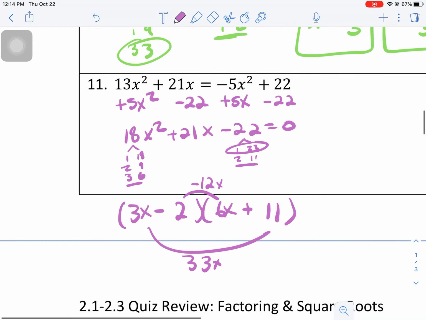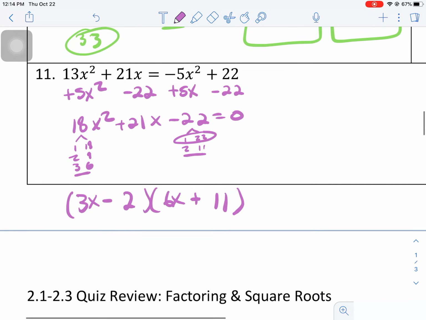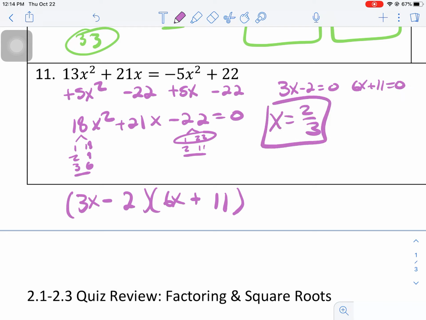Yeah, that's positive 21x. Okay, so it looks like this would be our factors. And then from here we can say 3x minus 2 equals 0, 6x plus 11 equals 0, and solve for x. X equals 2/3 on this side, and on the other side x equals negative 11/6.